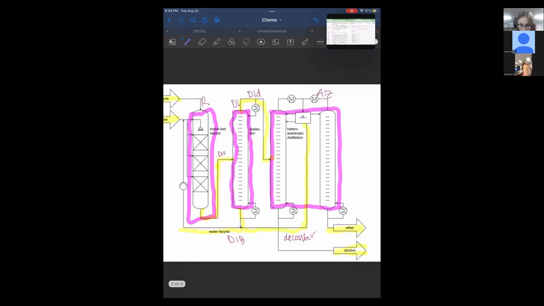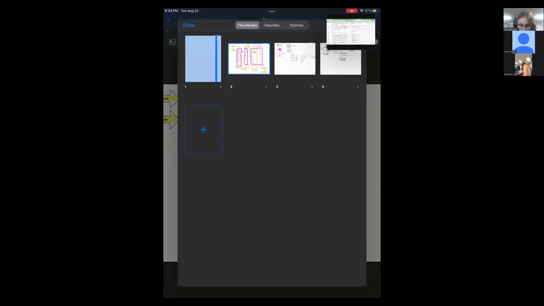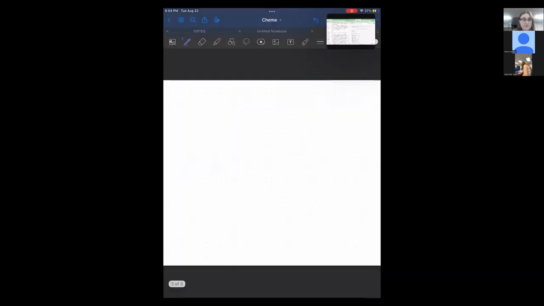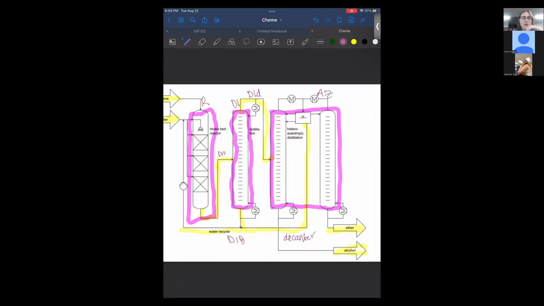This distillation chamber is going to have our vapors and our liquids together, right? So let's pull up this frame right here. Our distillation chamber is going to have liquids and vapors, right?